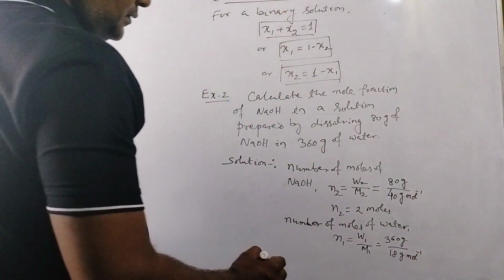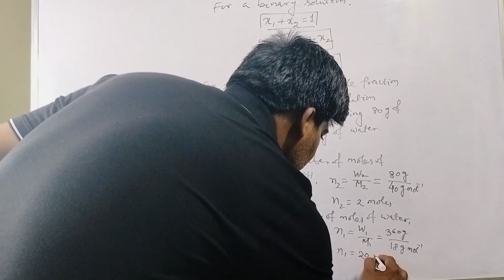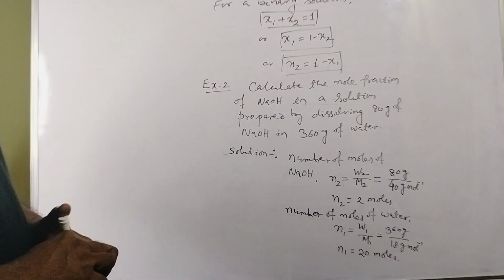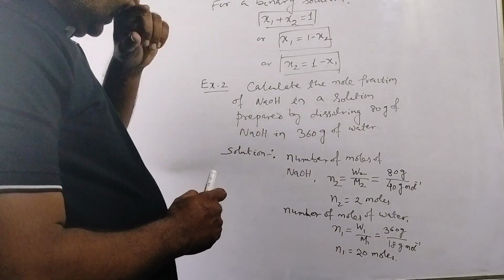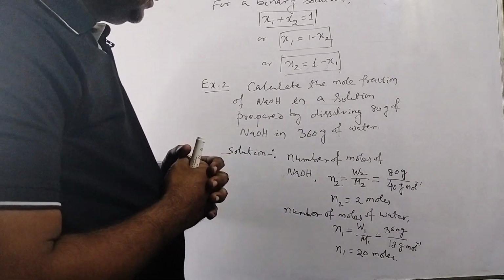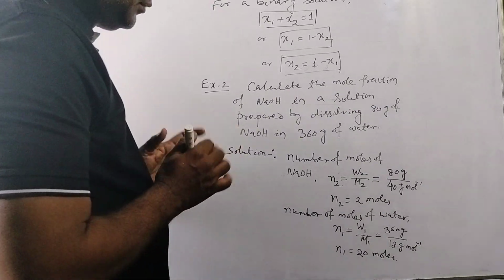So that gives n1 is equal to 20 moles. So here we have calculated number of moles of solute 2 moles and number of moles of solvent 20 moles.